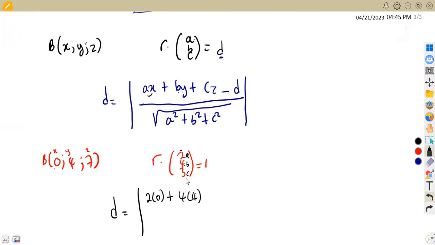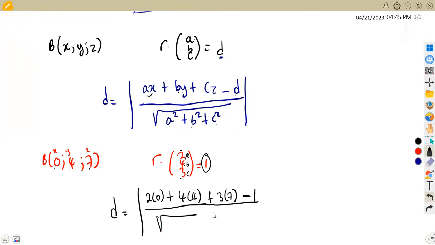Then CZ, that's C times Z, 3 times 7. So plus 3 times 7 minus D, which is this one, so minus 1, everything over the modulus concept, which is a squared plus b squared plus c squared, that's ABC.